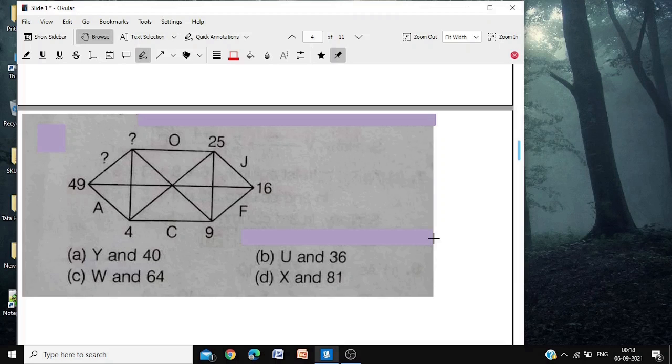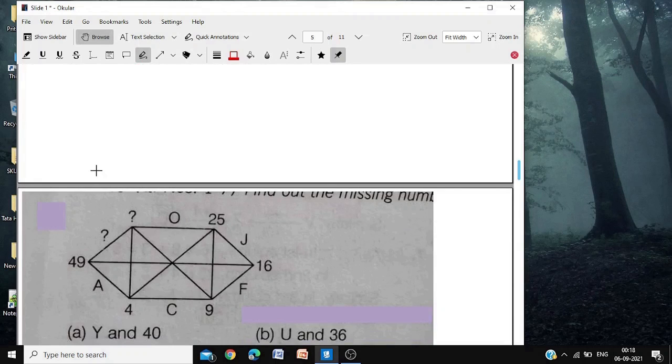Now we have here a pattern. Alternately, there are letters and numbers. We have the letters A, C, F, J, O, and we have the numbers 4, 9, 16, 25, and we have to find the letter and the number here. So let's see how we get these.